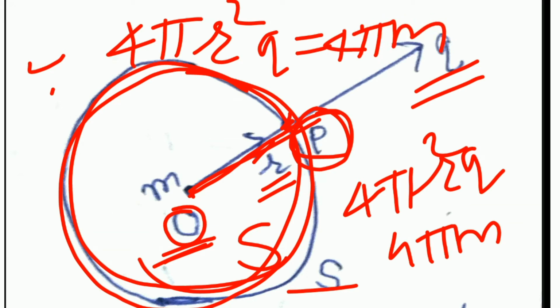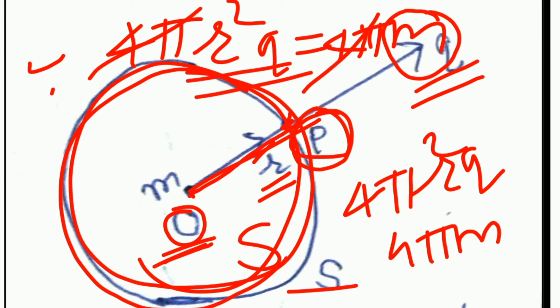Therefore m is equal to r square q, and then this q is m upon r square.